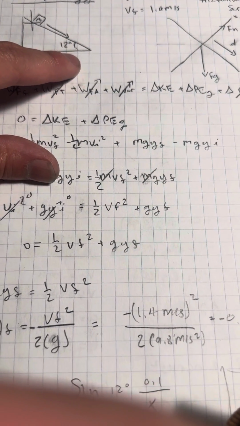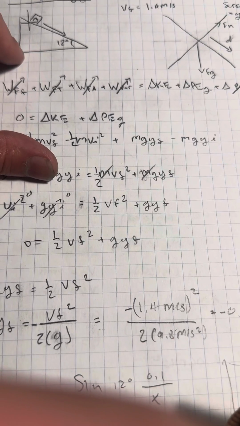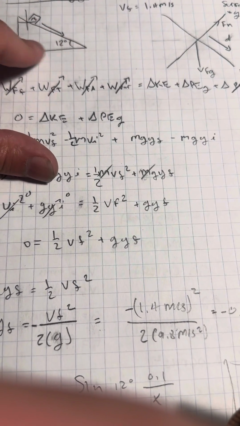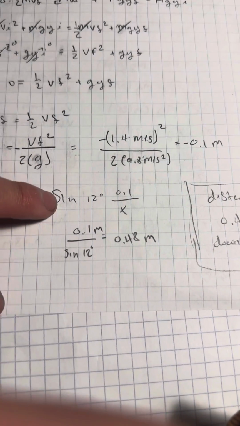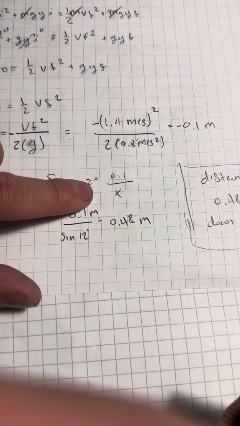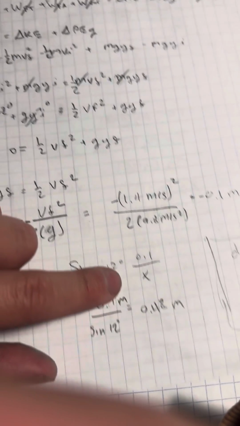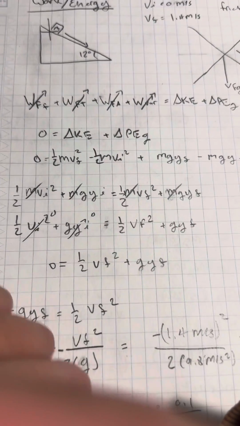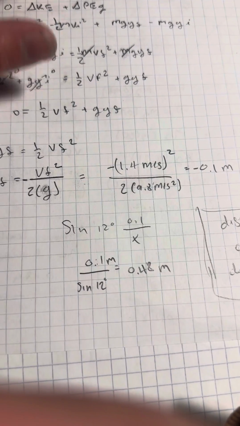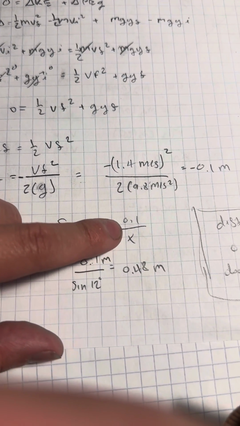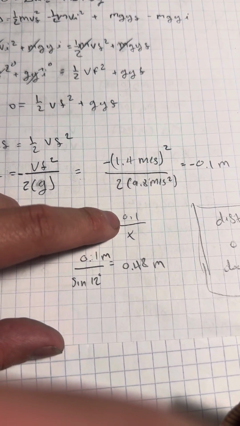So we have an angle and we have a height, and this is a triangle, so we can use trigonometry. To do that, we will do sine of 12 degrees is opposite over hypotenuse. I kept this value positive for now.